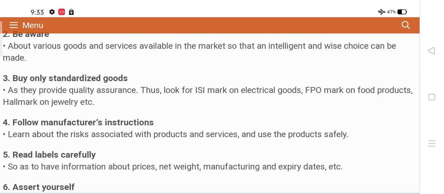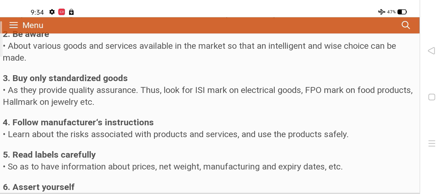The third responsibility of the consumer is to buy only standardized goods. As standardized goods provide quality assurance, it is the responsibility of the consumer to buy only ISI mark goods for electric or electrical goods.